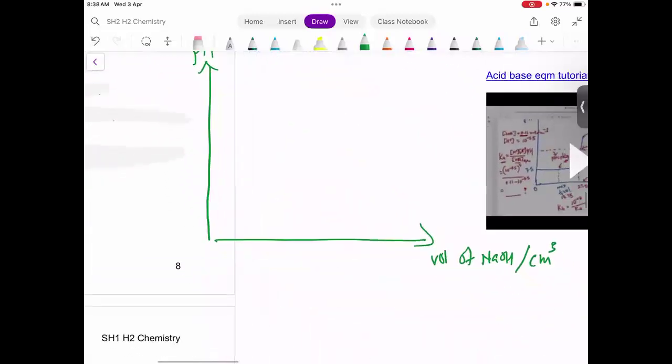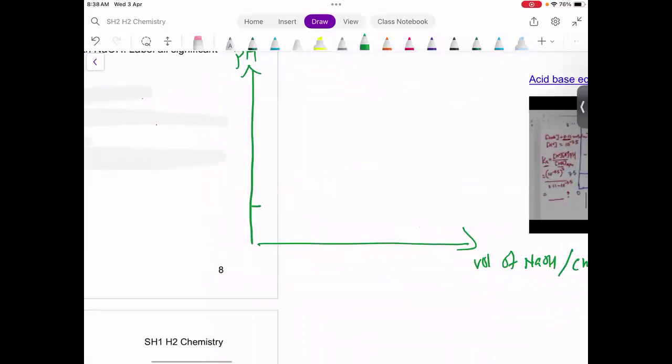Initial pH is 3.5, so here is my 3.5. Then I estimate where my 7 is. 7 will be about twice the length. No need to use the ruler to measure, but it cannot be drastically different. So this is where my 7 is.